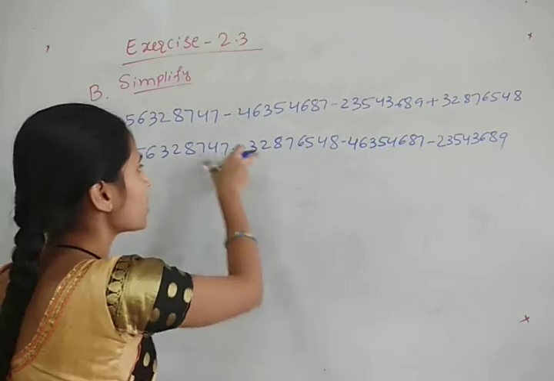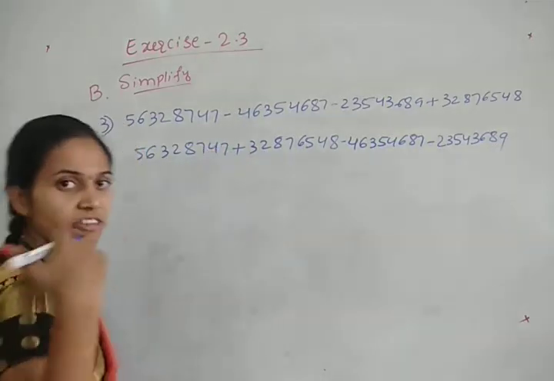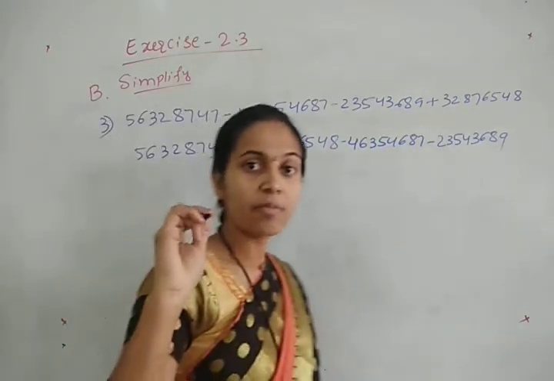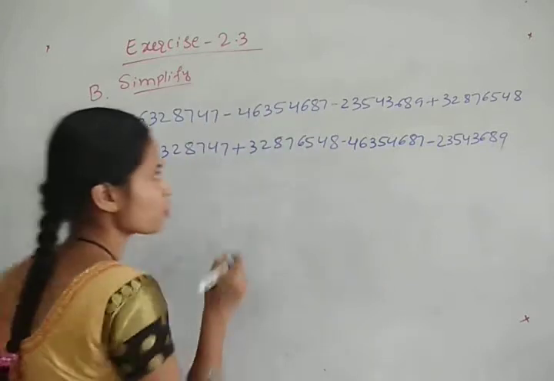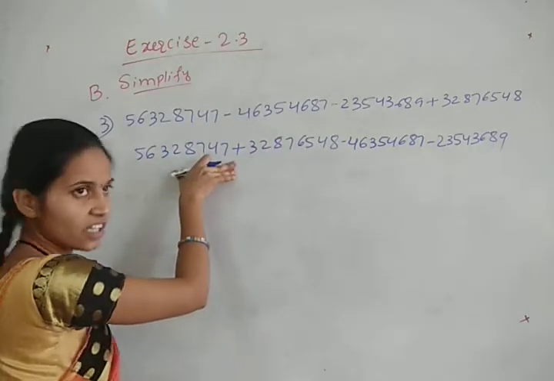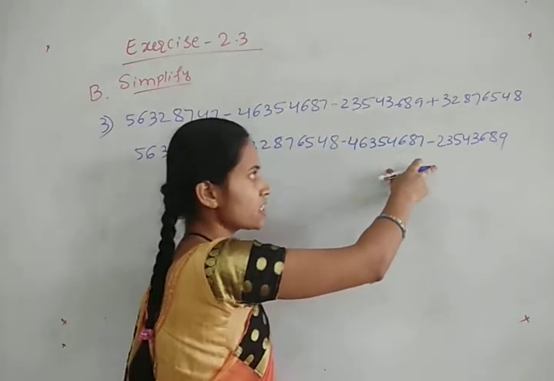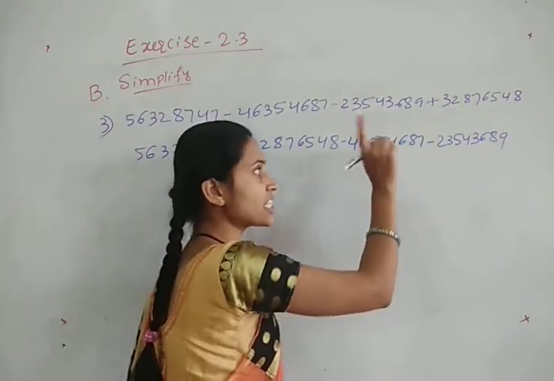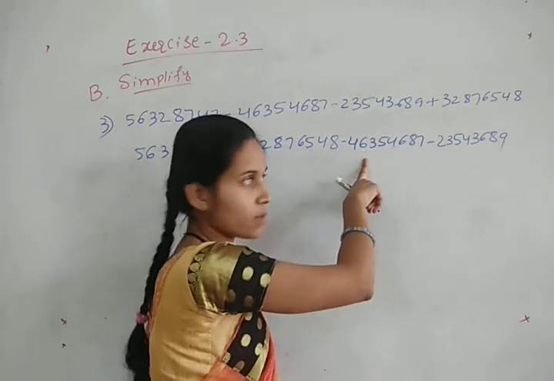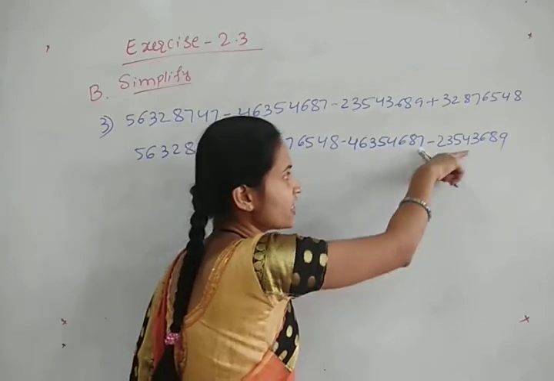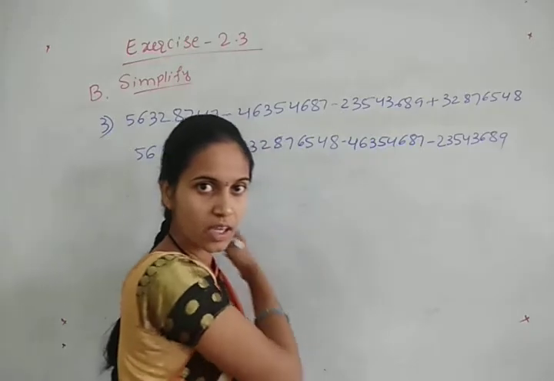After adding the 2 plus numbers, whatever sum I get will have the plus symbol, because the addends are with plus symbol. Here also, after adding these 2 numbers, the result will have the minus symbol, because the numbers we are adding have the minus symbol.